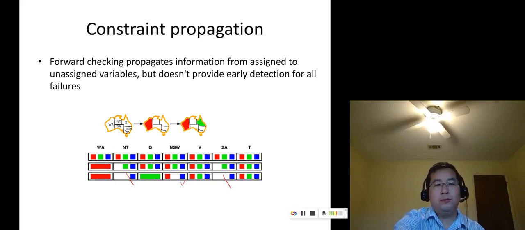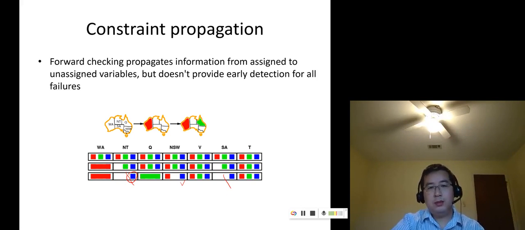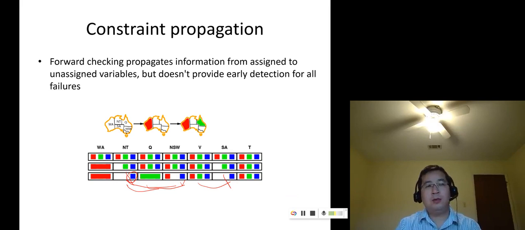If you delete a value from another variable, you may cause another impact, so you will check other constraints as well. We propagate that update to the other unchecked constraints. Here we check all of them and there are no new changes. So forward checking propagates information from assigned to unassigned variables, but doesn't provide early detection for all failures.